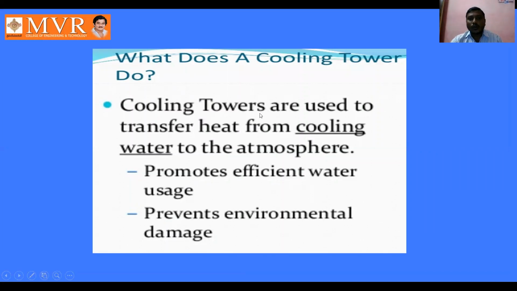See here, cooling towers are used to transfer heat from cooling water to the atmosphere. It promotes efficient water usage and prevents environmental damage also.